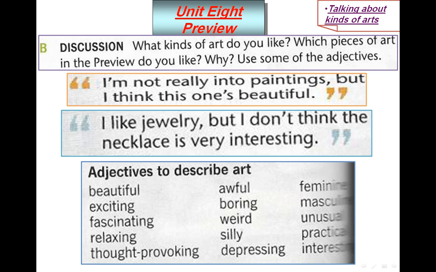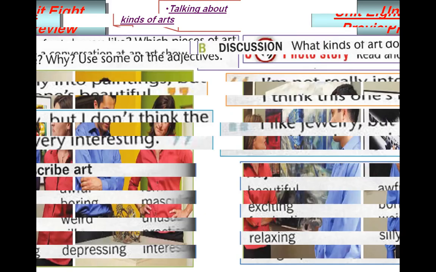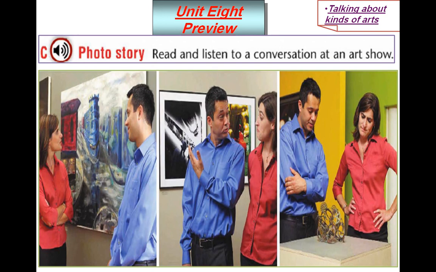Masculine, ذكوري, is relevant to males only. So when I say this guy likes this color because it refers to masculine, the opposite of feminine. Okay, let's go to the next page.